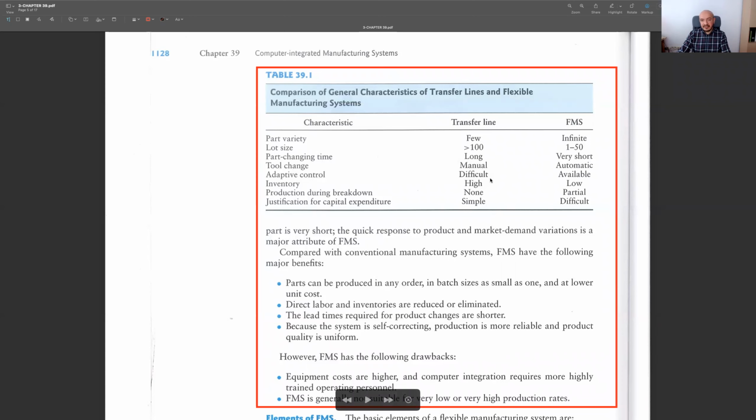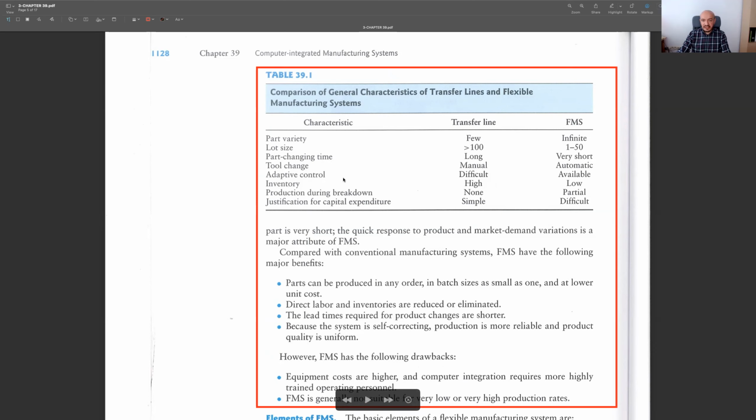Adaptive control, again, is quite difficult. Transfer lines are huge systems. It's quite difficult to control the whole plant. But in flexible manufacturing systems, we make use of computers all around by writing appropriate scripts, by employing appropriate control strategies. We can employ adaptive control.